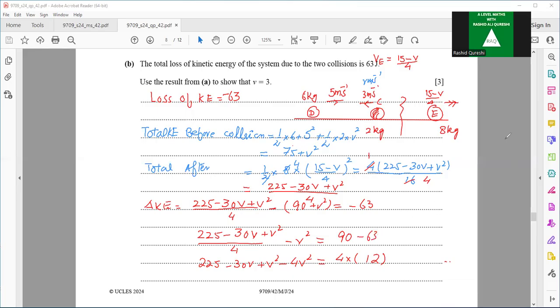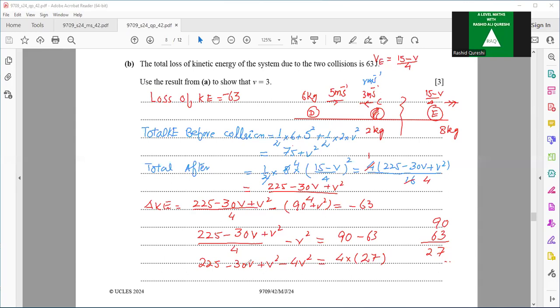So we have to just subtract the things. You calculate 90 minus 63, that becomes 27. So that is equal to 27.